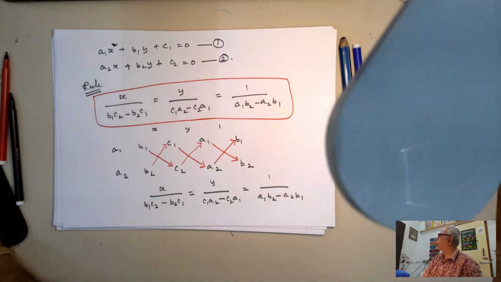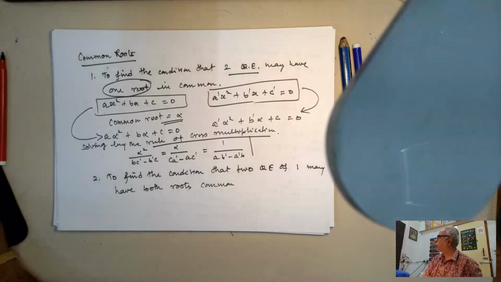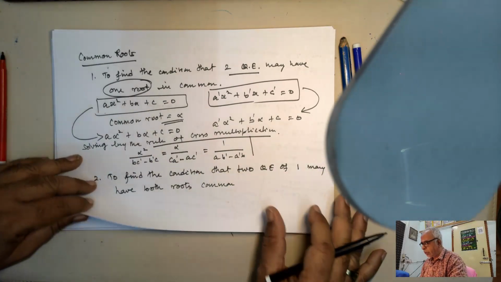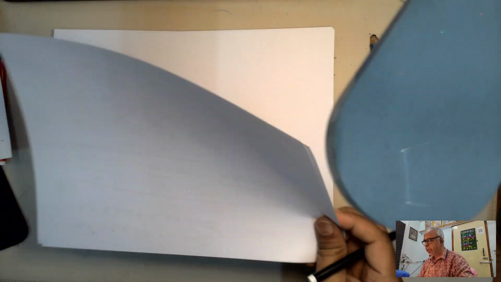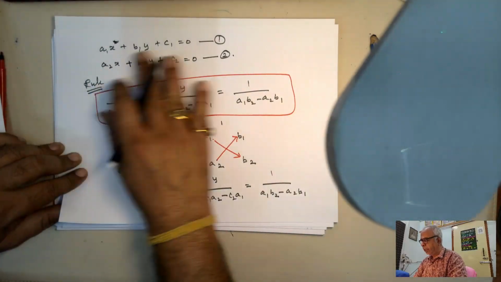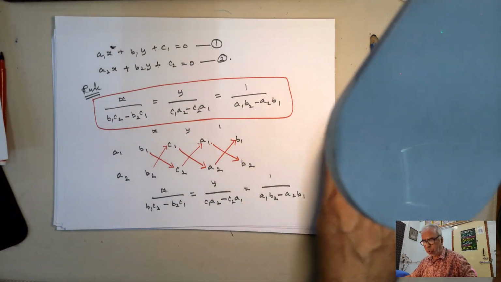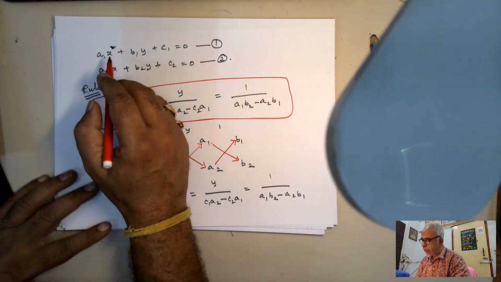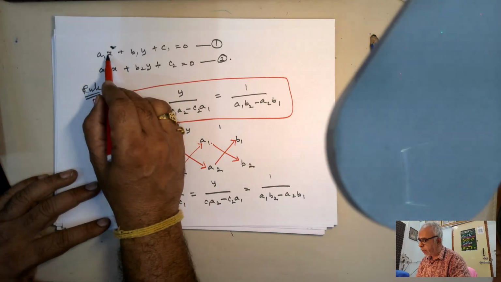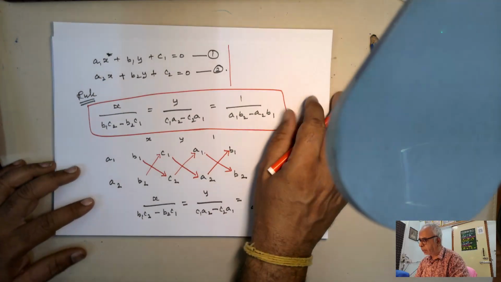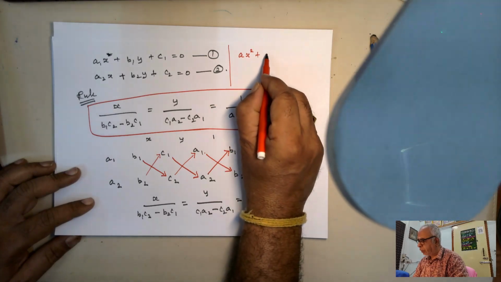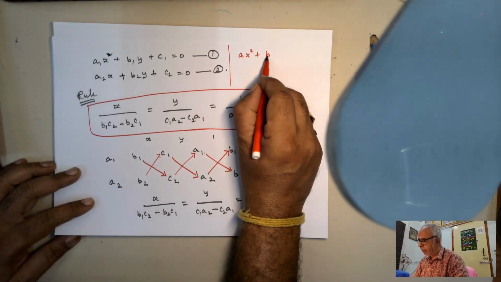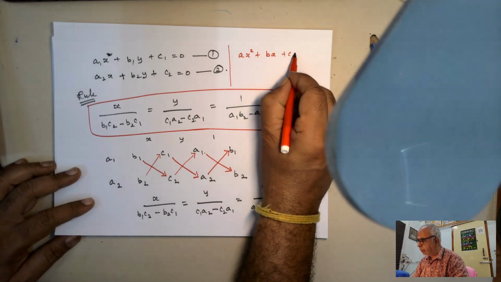Also, can you show the previous page? The same strategy can be applied in the quadratic equation also. I have done this here in terms of linear equations. So instead of a1x, you can write, for example, ax squared plus bx plus c is equal to 0.